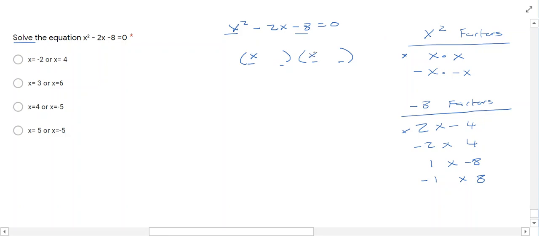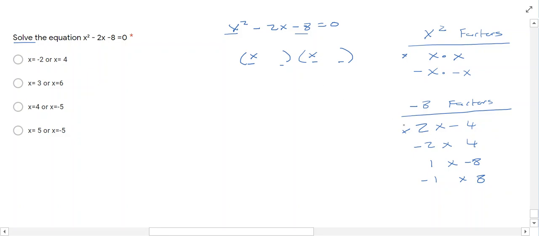On the right hand side you put the numbers that will give you minus 8. There are a number of pairs we can use, so we have to figure out which one is the right one. This is what's known as the trial and error method. We keep trying these arrangements until we get the right one.